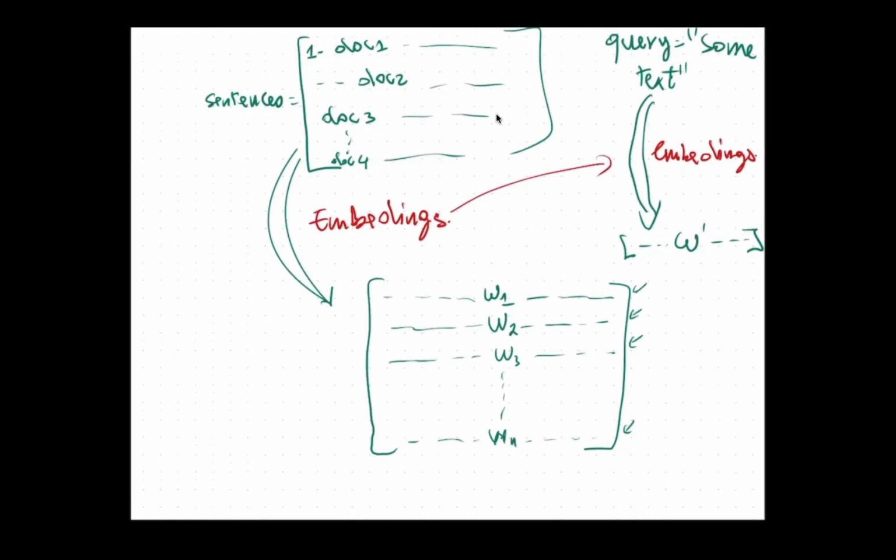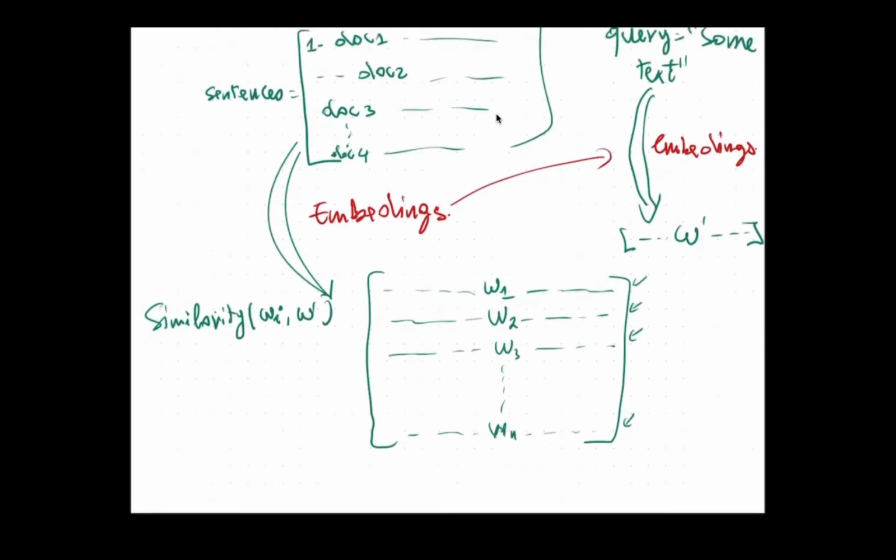Okay, so we compute the similarity between each Wi and W prime. When you compute the similarity, we have a value.